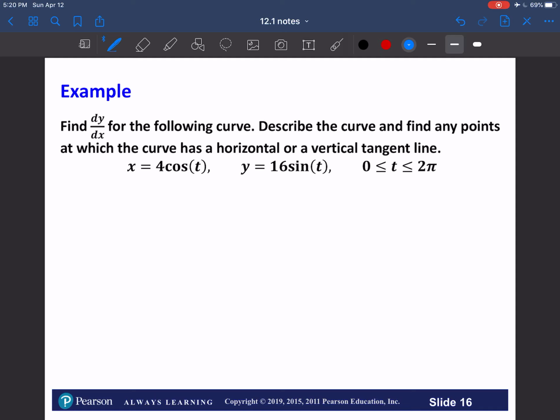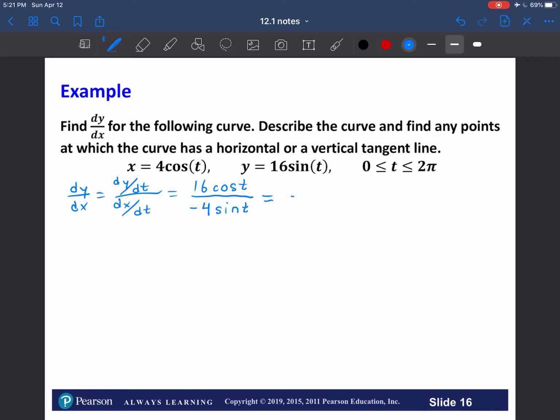then dy by dx once again is dy by dt divided by dx by dt. Dy by dt is just 16 cosine of t, and dx by dt is negative 4 sine of t.